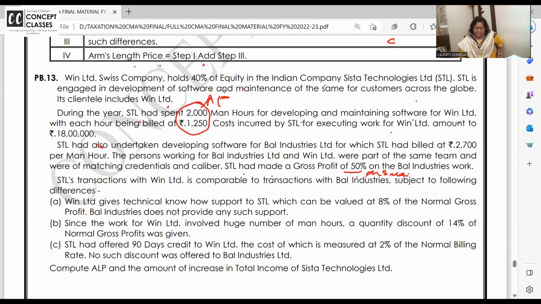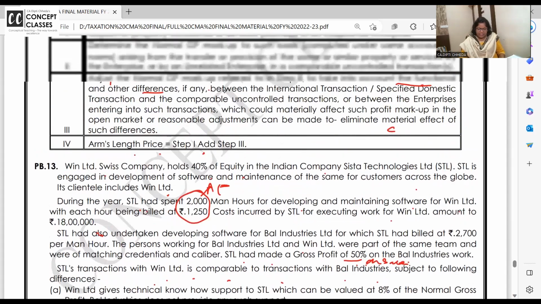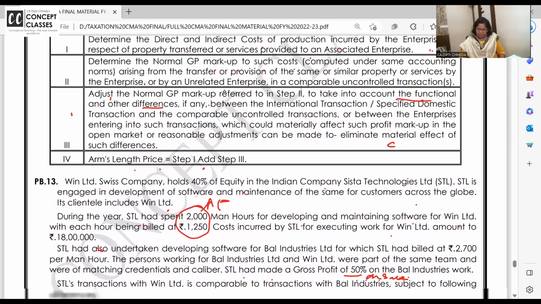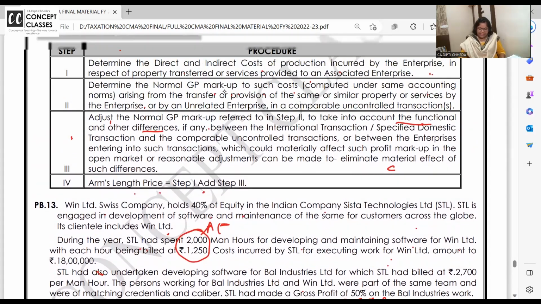Now, STL's transaction with WIN is comparable with BAL. We have to compare BAL and WIN. So frankly speaking, this is not just a problem of cost plus method, it is a comparison of both. Now we will adjust functional differences. This is the third step. What is my cost? My cost is 18 lakhs. This step is done.